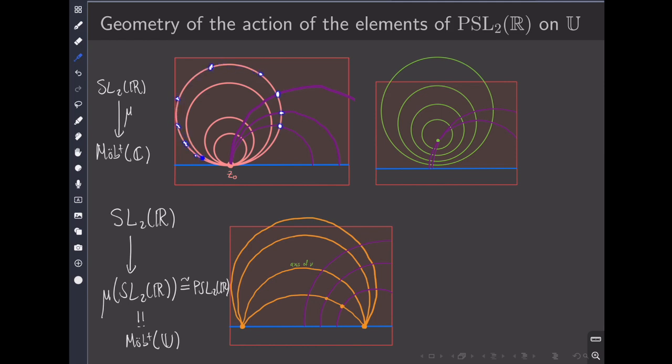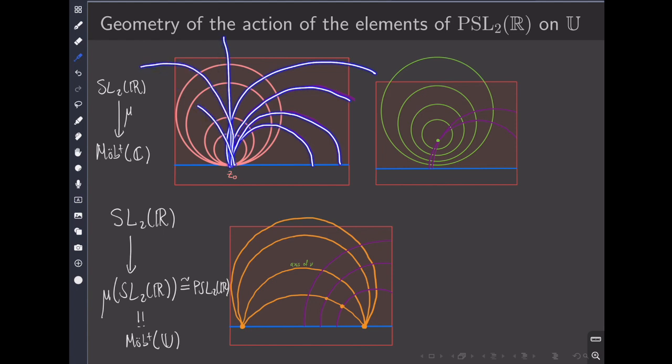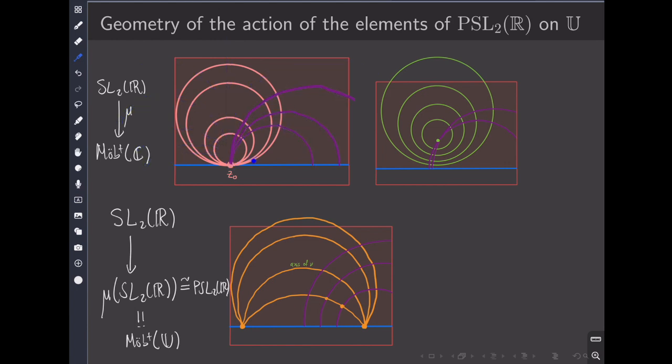I'm kind of repeating myself with respect to the previous lecture. So that's how the parabolic ones look, kind of flowing this way, but of course flowing discretely.